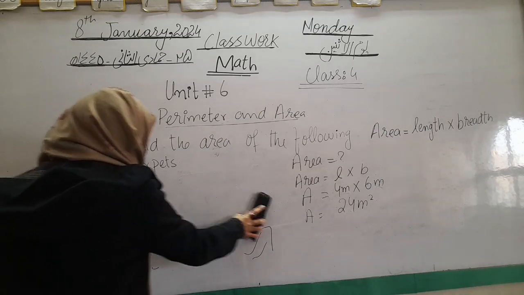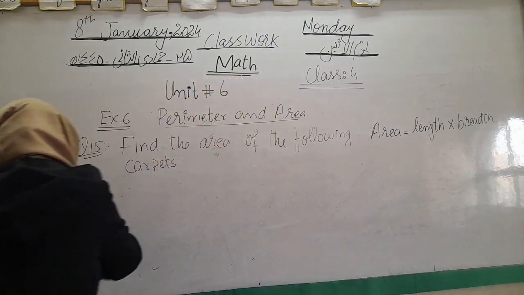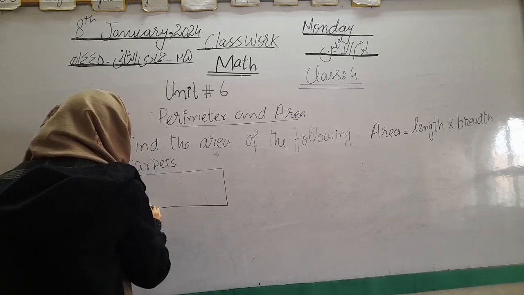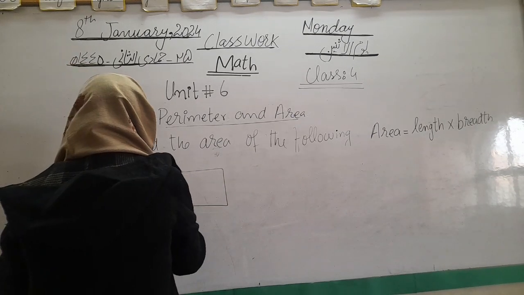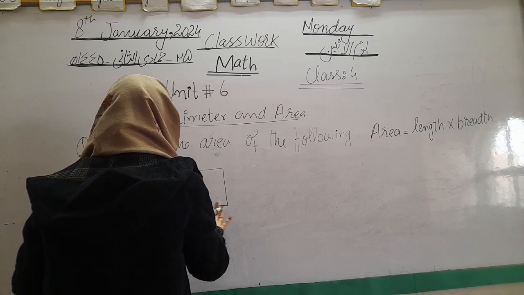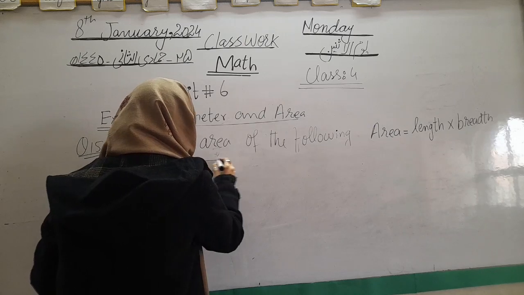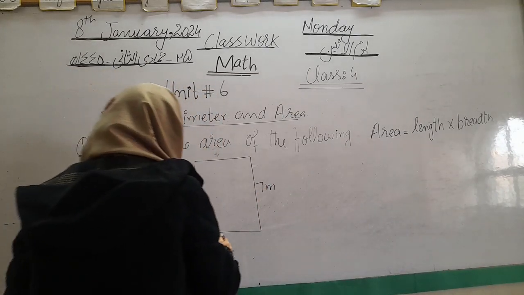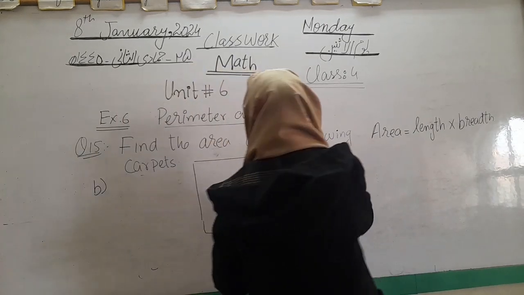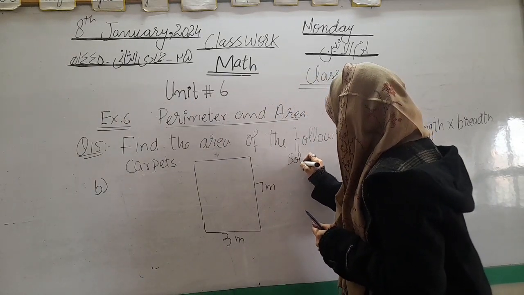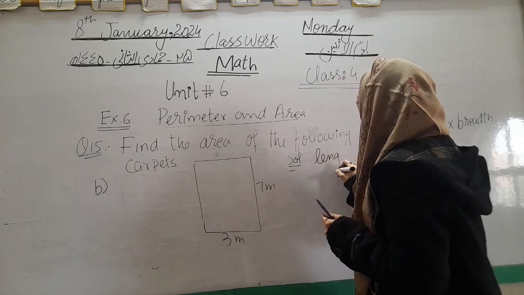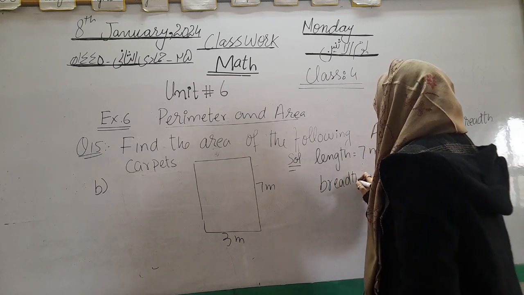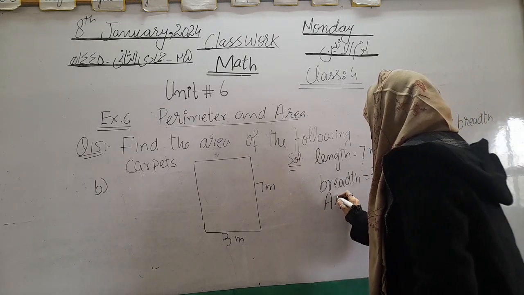Now we have the next part. In B part, we have a carpet which has length 7 meter and the breadth is 3 meter, and we have to find the area.